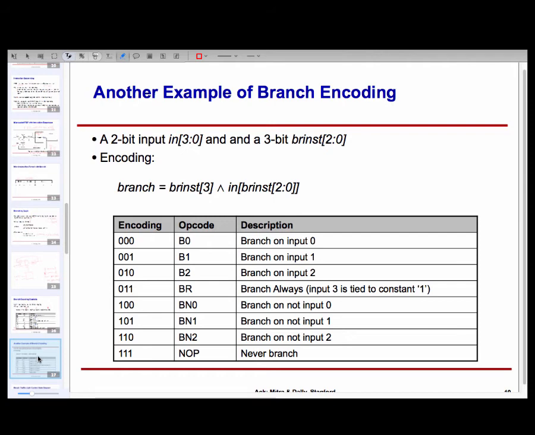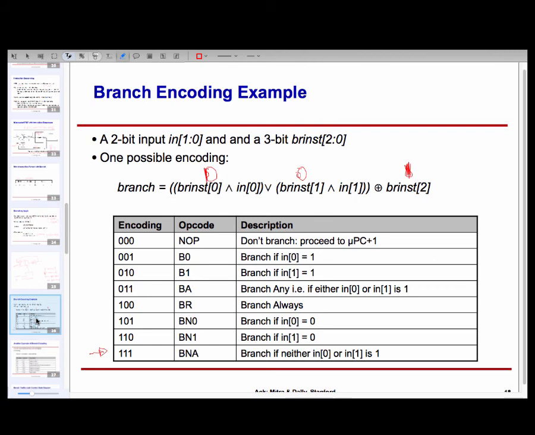Okay. Let's imagine that I want to say if input 0 is 0, stay put. If input 0 is 1, move to the next state. I think you move to the next slide. Oops, sorry.